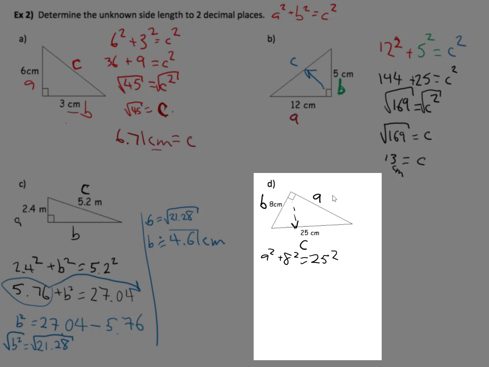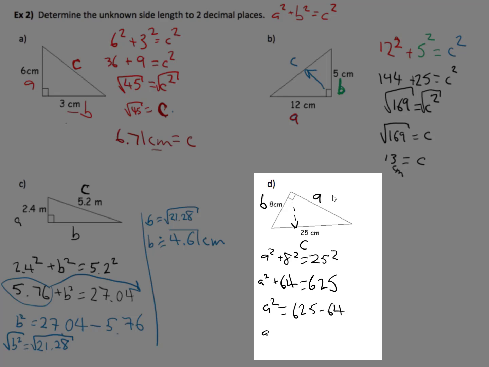So then you're stuck with A squared plus 64 equals 625. It's getting a little difficult to write on this. Just give me a second. Now I'm going to move the 64 over, and that's going to become negative. So I am with A squared equals 625, subtract 64.